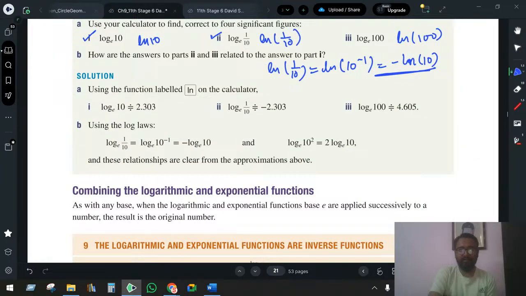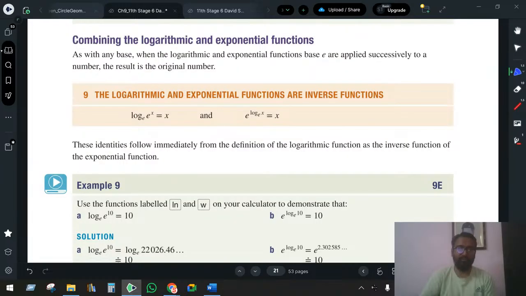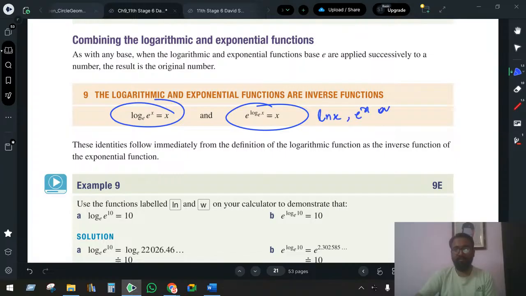Combining logarithms and exponentials. Now ln x and e power x are inverse functions of each other under composition.